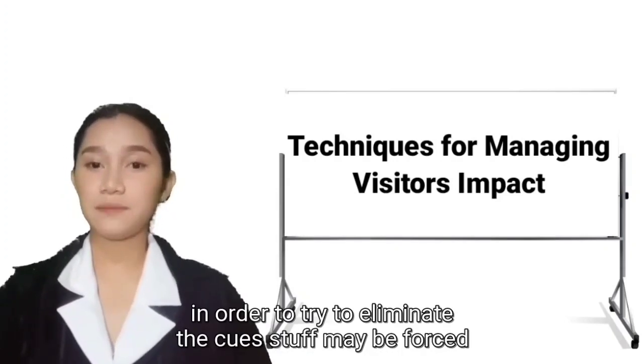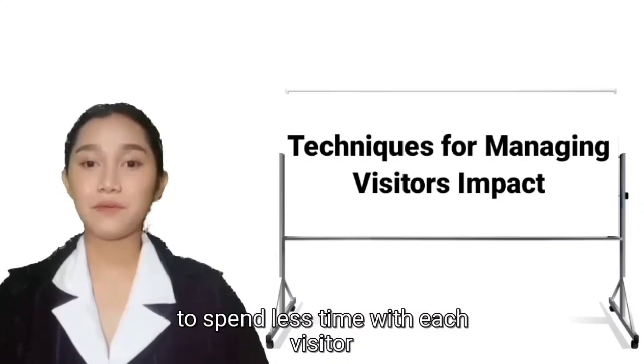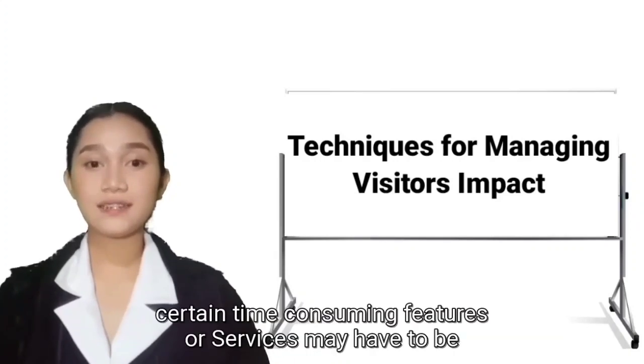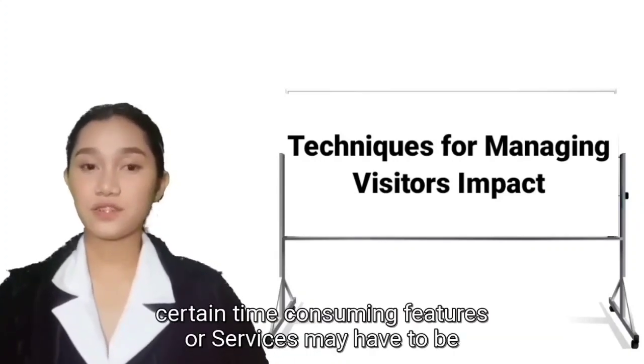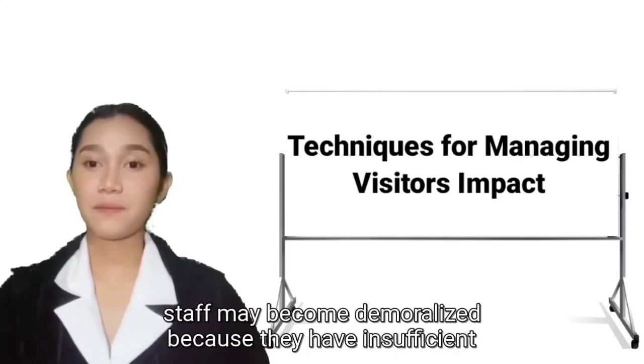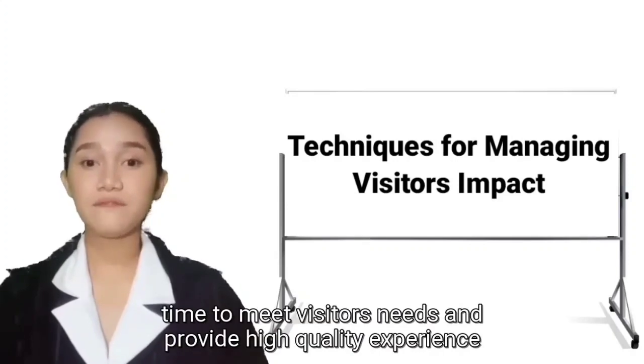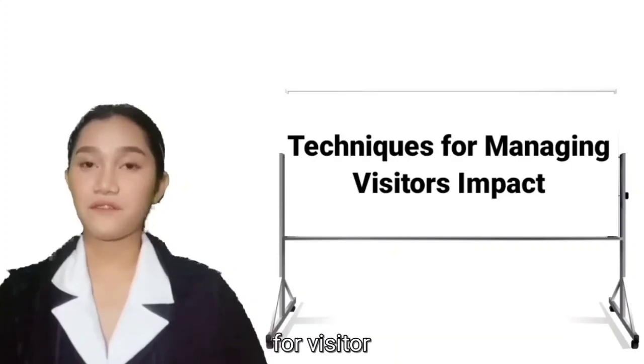In order to try to eliminate the queues, staff may be forced to spend less time with each visitor. Certain time-consuming features or services may have to be abandoned entirely. Staff may become demoralized because they have insufficient time to meet visitors' needs and provide a high-quality experience for every visitor.